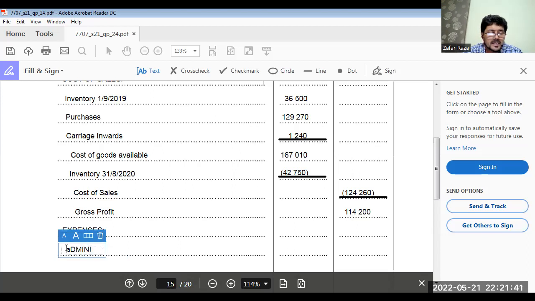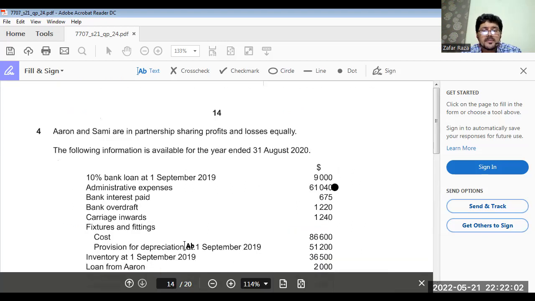And maintenance 1,000. Bank interest paid.